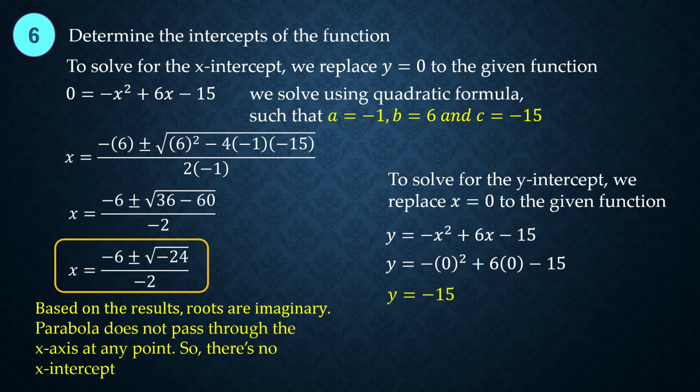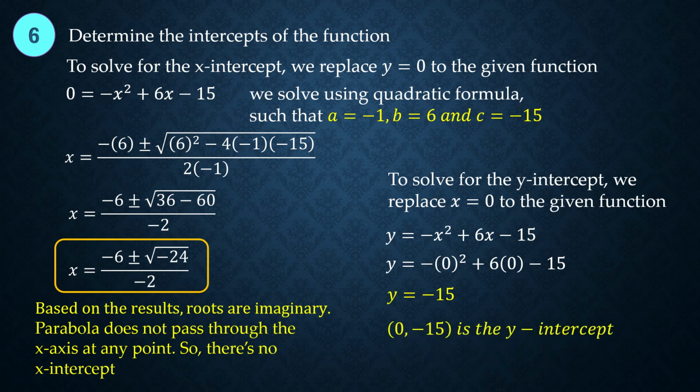The square of 0 is 0, so negative 0, which is still 0. Then 6 times 0 is 0, so nothing is added. What remains is minus 15, so y is equal to negative 15. The minus operation is the sign of the next number, 15.